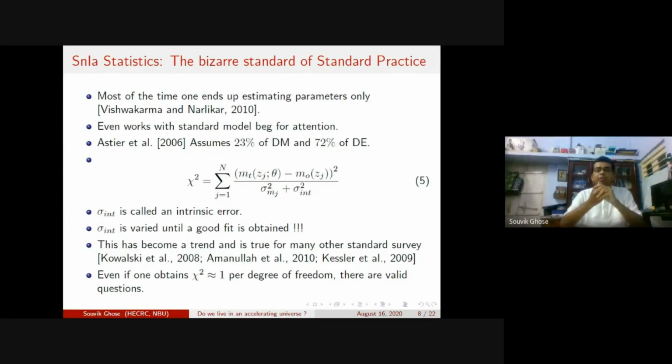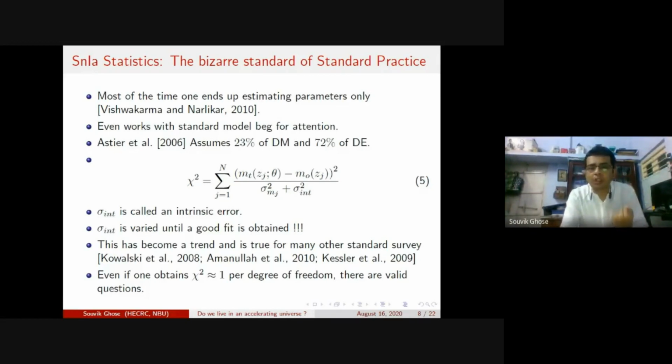People always try to fit these models with lots of parameters to the given data and estimate the parameter values. The crucial thing to note is that in most cases, they end up only estimating the parameter values. That means they are assuming that their model is correct.